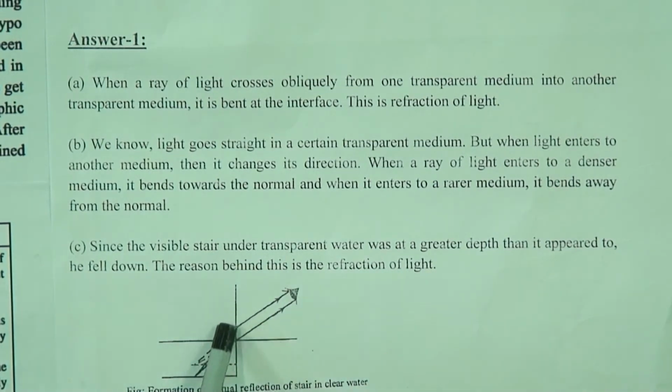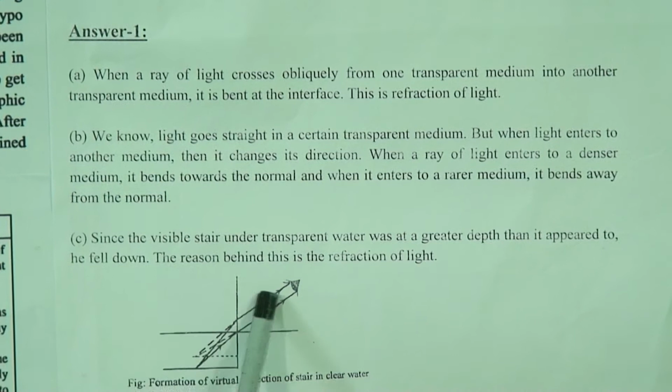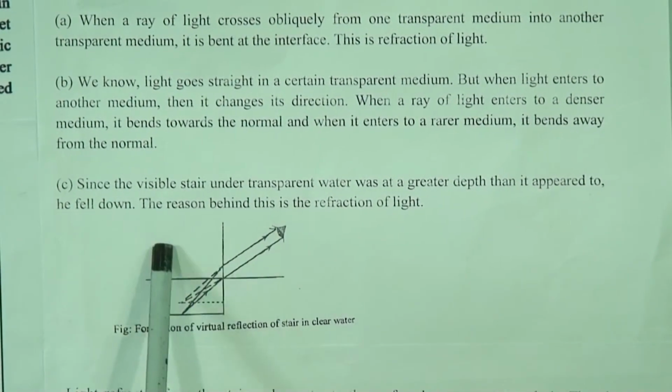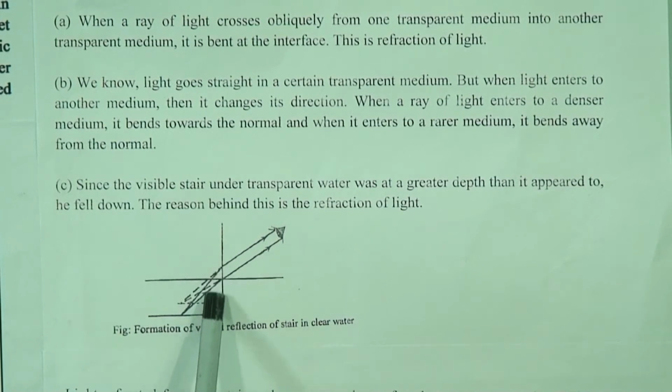Dear students, look here, from where Anis sees the stair, it is the rarer medium, that means it is air, and the stair is under the water, and water is the denser medium.